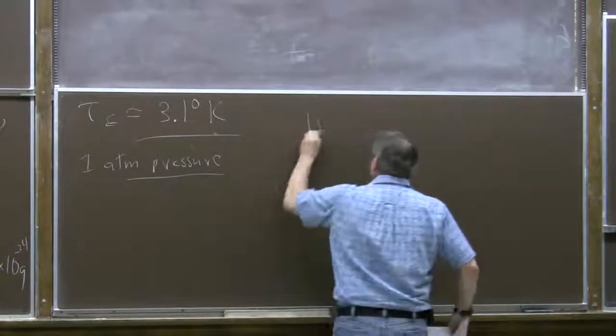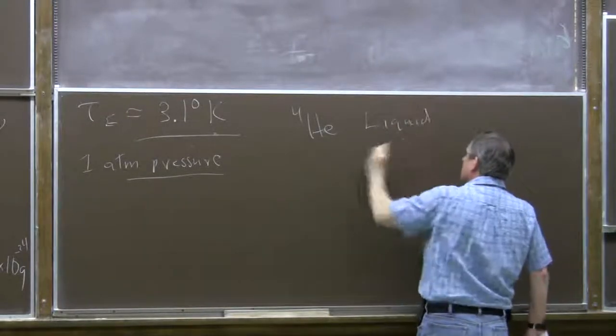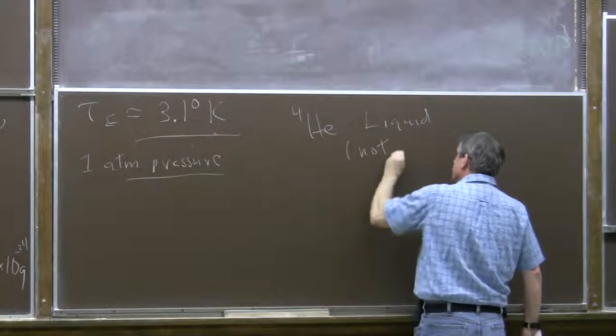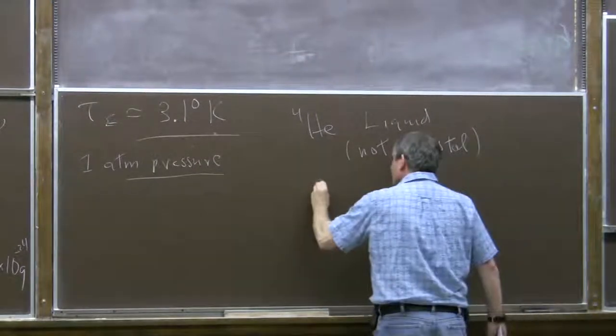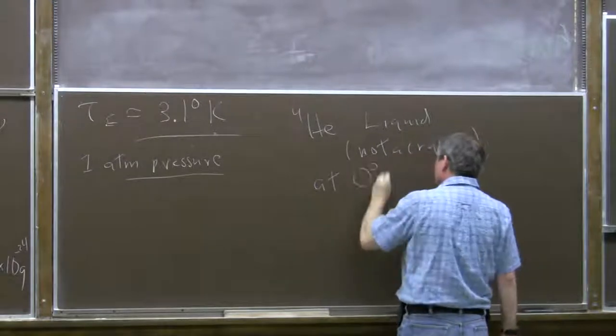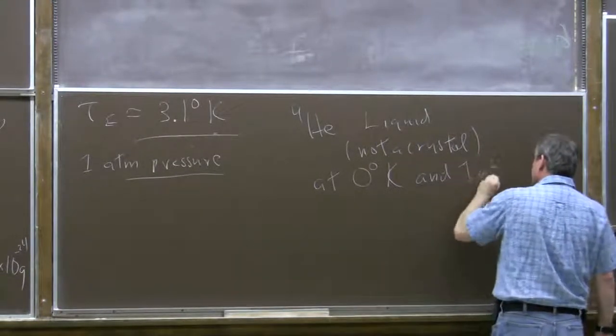So helium-4 is a liquid, not a crystal, at 0 degrees and 1 atmosphere pressure.